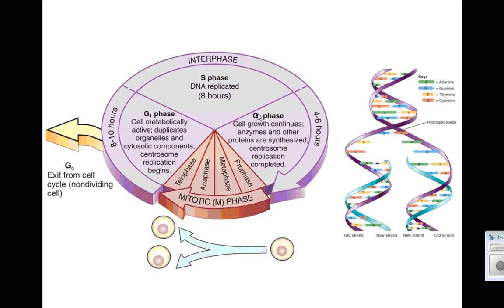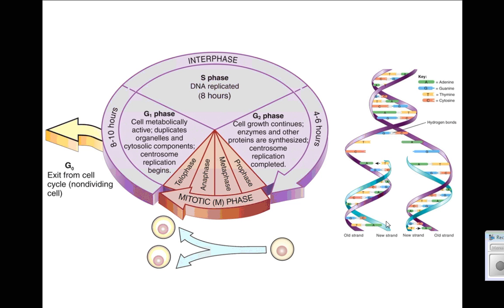Of those three phases, S phase is the most important to the cell division stuff because in S phase, DNA is replicated or duplicated. We take a DNA molecule and we unzip it. Remember, DNA is a double helix, so two strands. Each of those strands gets another strand attached. And so what we end up with are two hopefully identical copies of DNA.